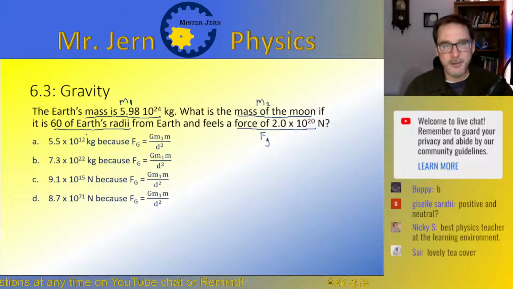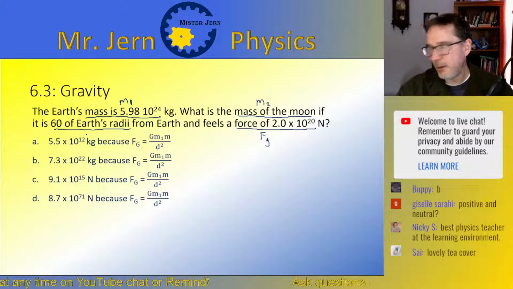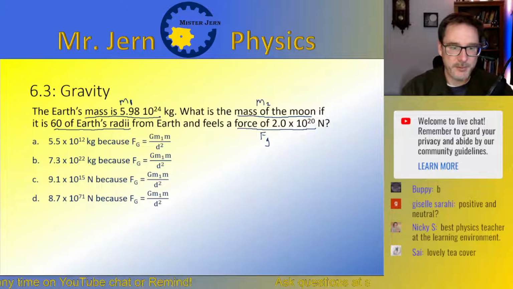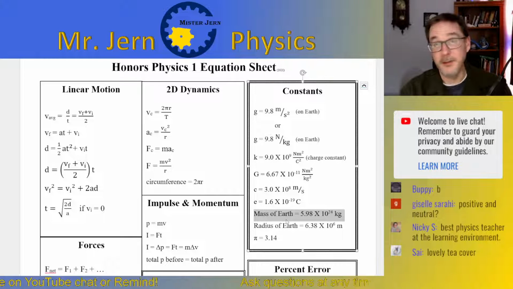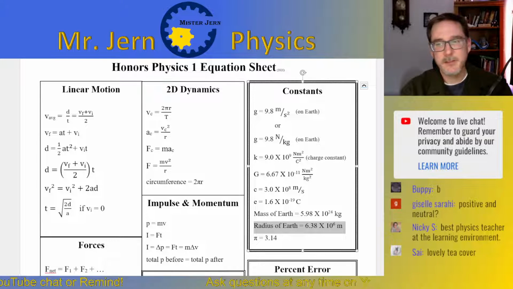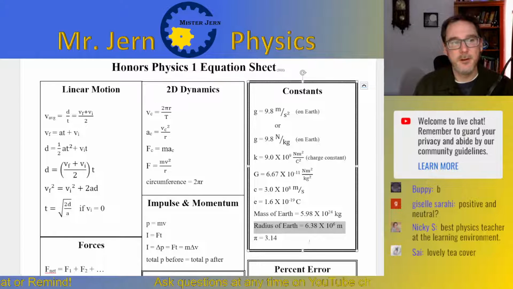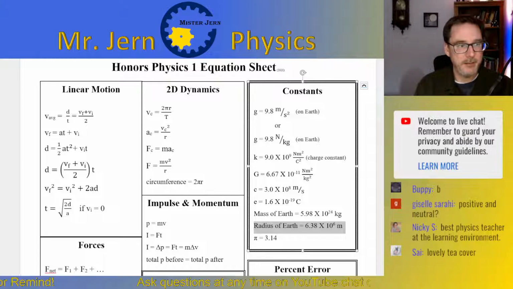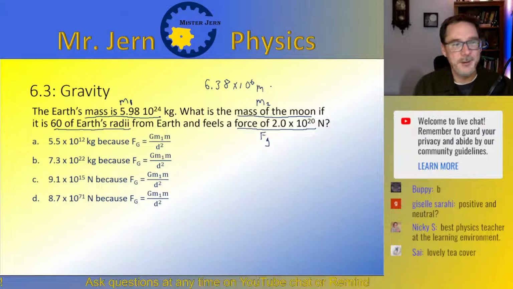Now this is an odd one. Here, let me show you something. In the constants, we got the mass of the Earth. I don't know if you saw this. The radius of the Earth is right here: 6.38 times 10 to the 6 meters.